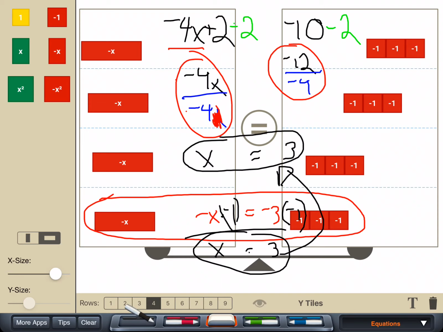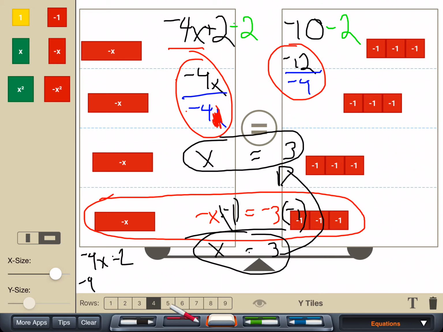So I'm running out of space here as normal. So my left side was negative 4x plus 2. If I multiply negative 4x by negative 3 and then add 2, sorry, let's back that up.